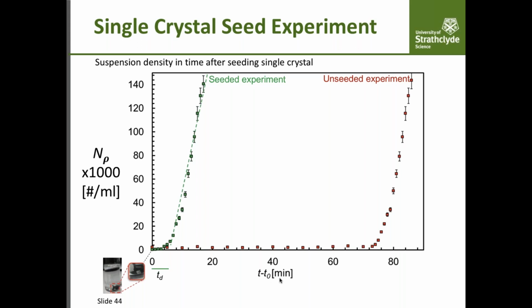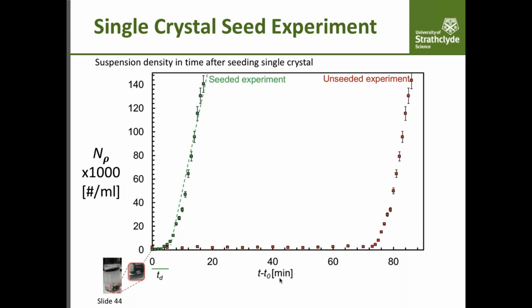In the unseeded experiment, you see the suspension density rises after around 60-70 minutes. And in the seeded experiment, it is much earlier because the seed crystal initiates secondary nucleation.